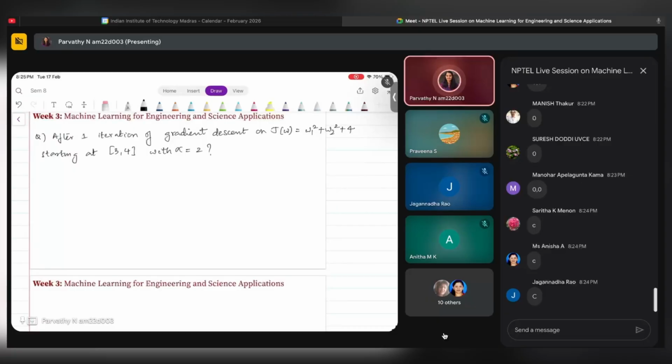So after one iteration of gradient descent on J, w1 squared plus w2 squared plus 4, starting at 3, 4, what is the new w? So the gradient is 2w1, 2w2. So for w1, w2 as 3, 4, it is 6, 8.